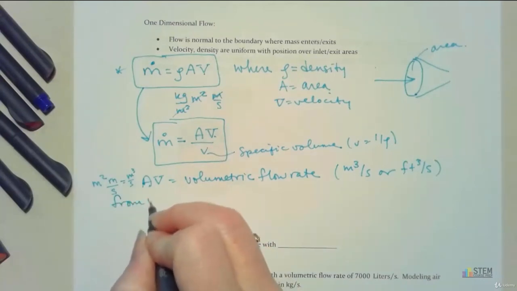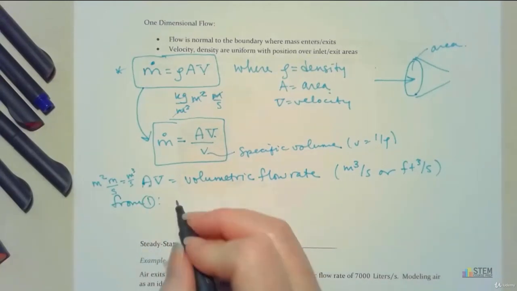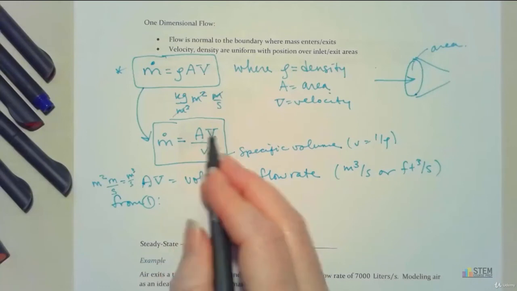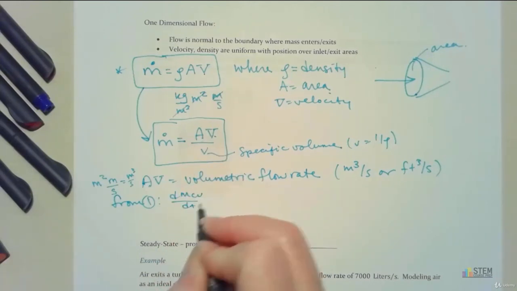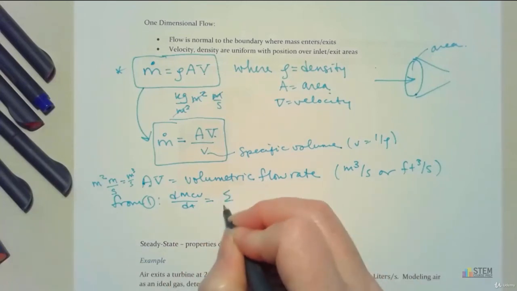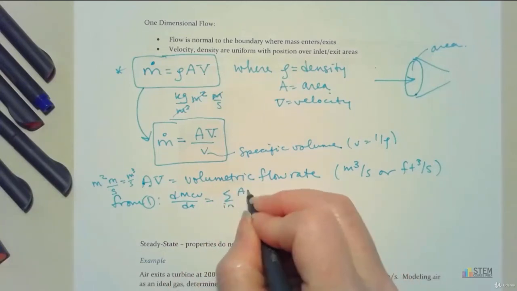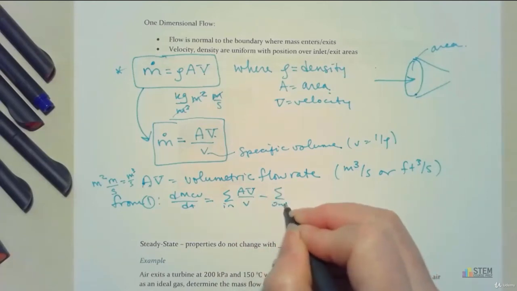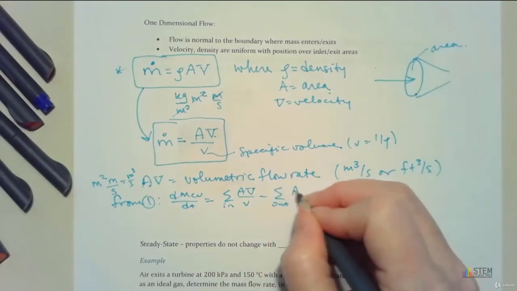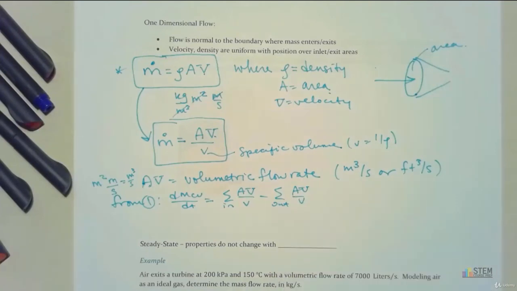If we rewrite that equation in terms of this, we can say dm_CV/dt equals the summation over all the inlets of AV over v minus the summation over all the outlets of AV over v.